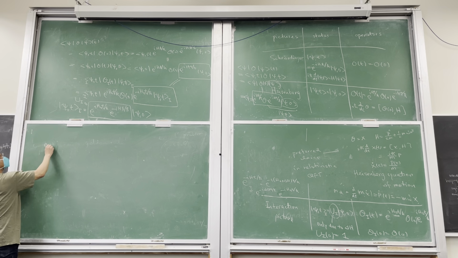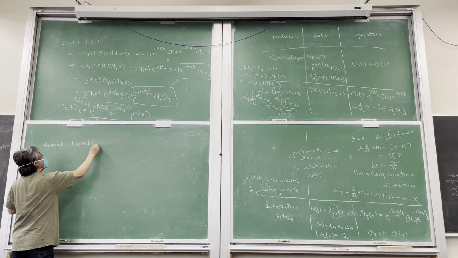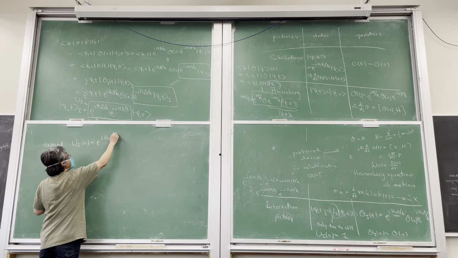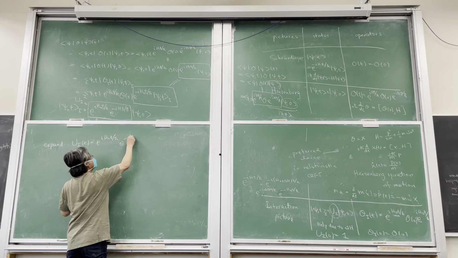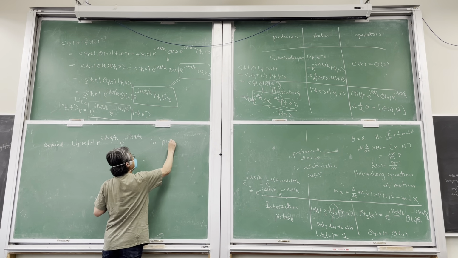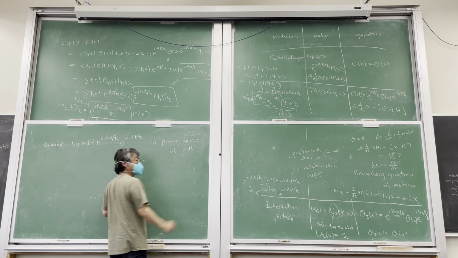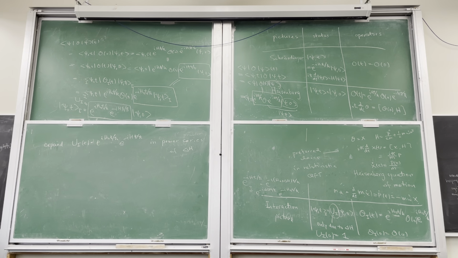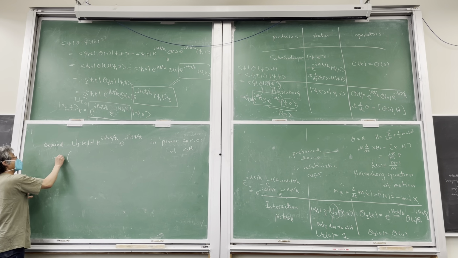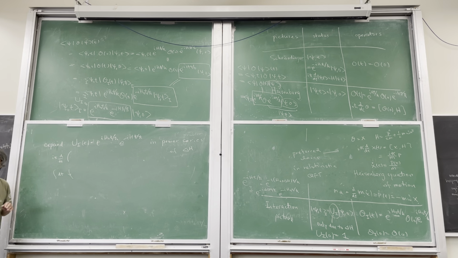So what we want to do is expand UI, which is given by this expression, in powers of delta H. Then it turns out that by taking the time derivative and then doing the time integral, you get the expression you want.